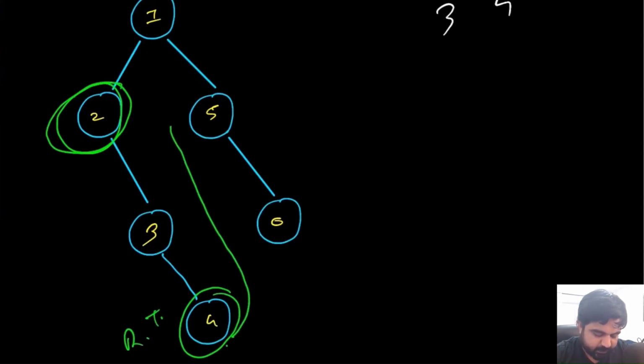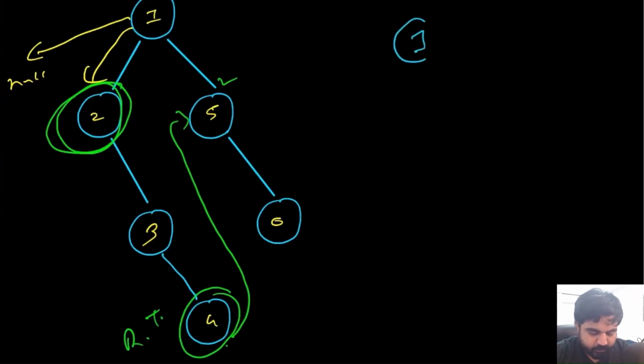So this 4 needs to point over here, and this 1, rather than pointing to this 5 on the right child, needs to point over here, and the left child is going to be null. So this is all we need to do. If we apply these three steps, first of all, we have our root node 1 with the right child, and we point over here rather than pointing towards this 5.